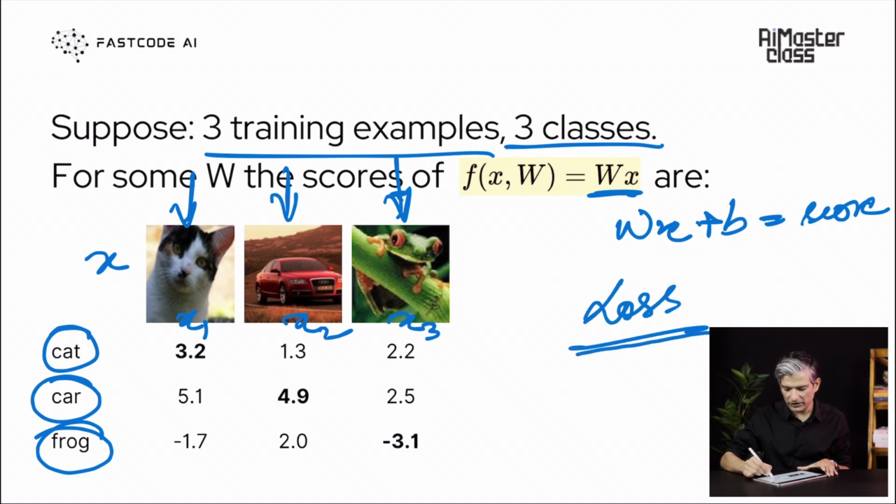When we speak in terms of loss, it is our unhappiness with the output. So, we want to have a small number for loss, but a high number for score.